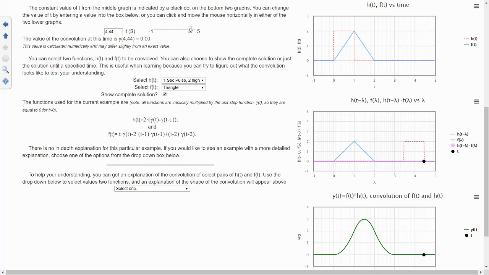So this example again shows that convolution can be thought of as a smoothing and an averaging operation. Here we started out with a sharp triangular pulse and we ended up with a smoother pulse.